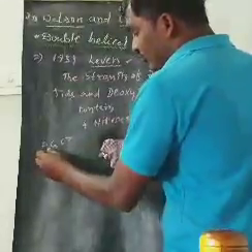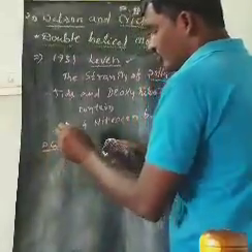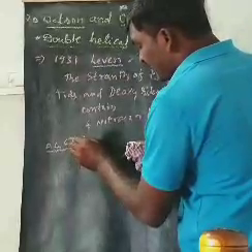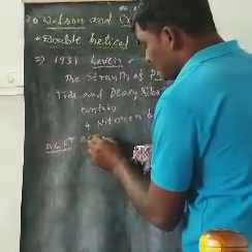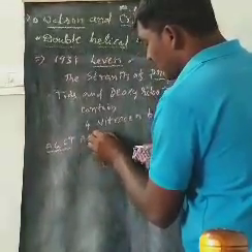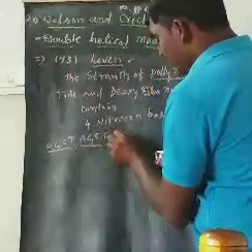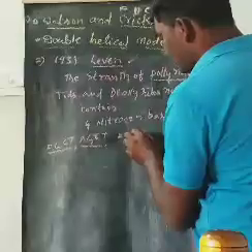So these 4 nucleotides form one chain, and the chain is repeated: adenine, guanine, cytosine, thymine.